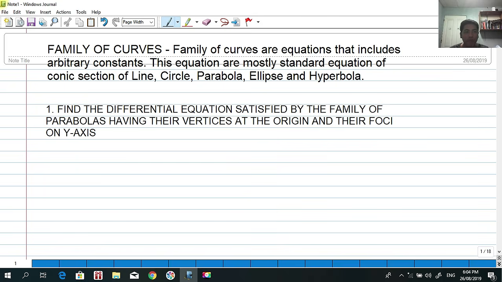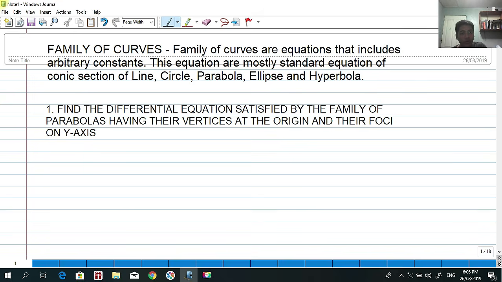You are only given the conditions, and you are expected to recall the basic standard equation for line, circle, parabola, ellipse, and hyperbola. Using these conditions, it says the parabolas have their vertices at the origin.